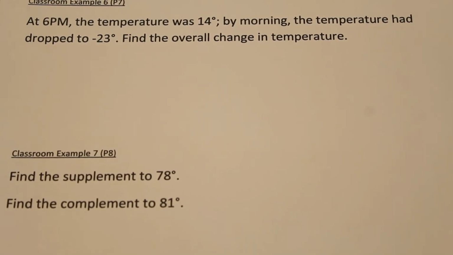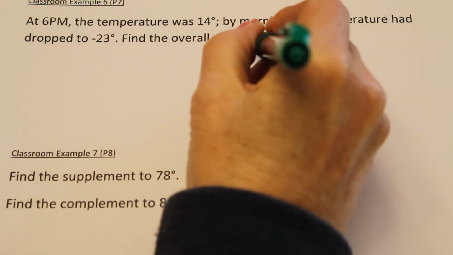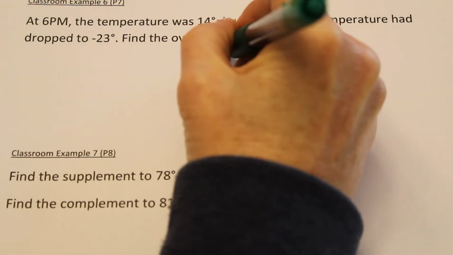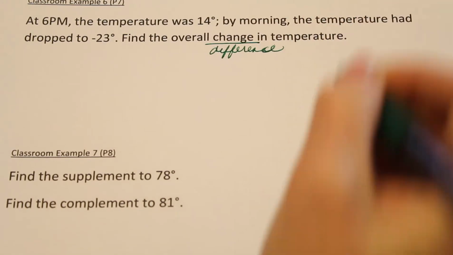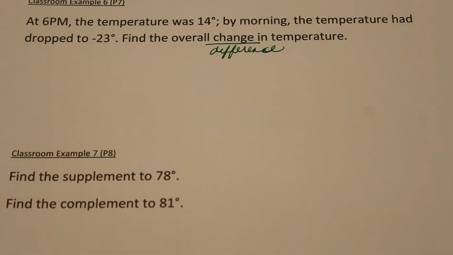Find the overall change or the overall difference. A change is a difference. Find the overall difference in the temperature. Okay, so in other words, what's the difference in the temperature?